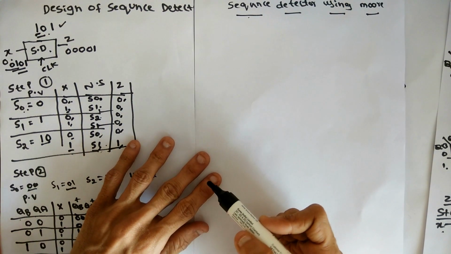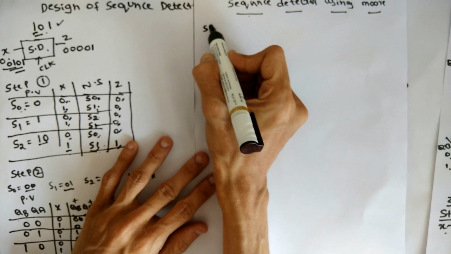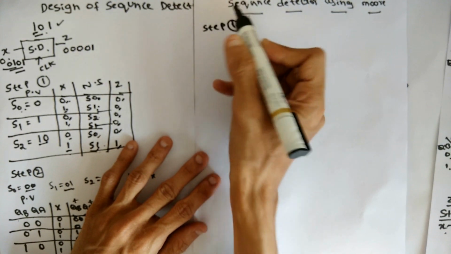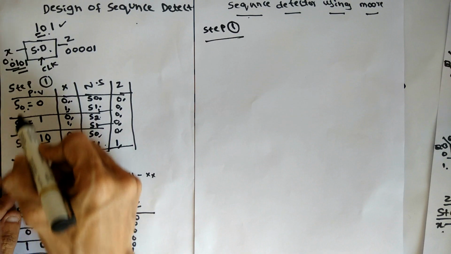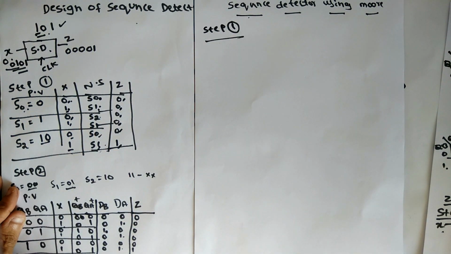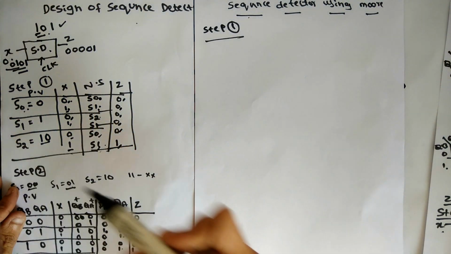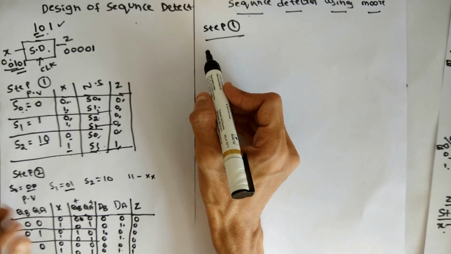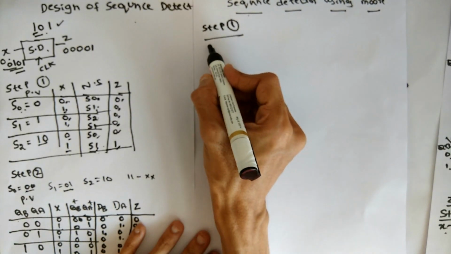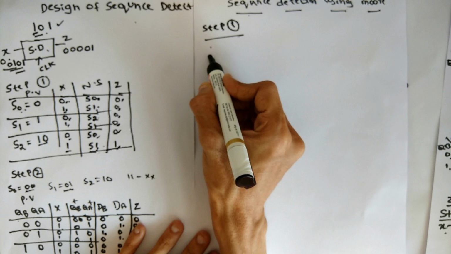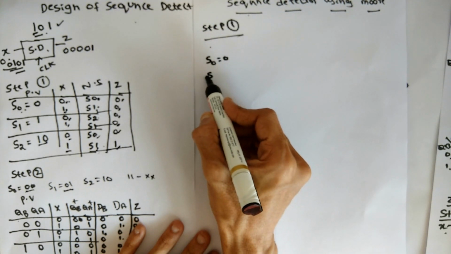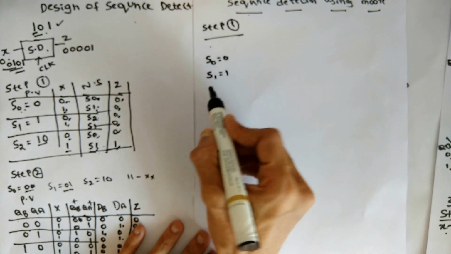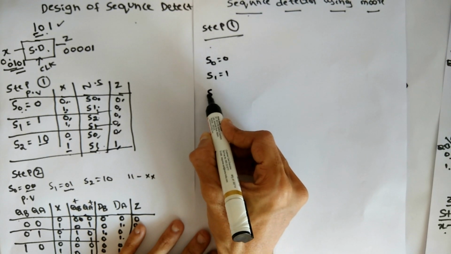The thing is, there are small changes in step 1. In Mealy we took S0, S1, S2, a total of 3 states. Instead of 3 states, in Moore we take 4 states. How do we take 4 states? As usual, S0 is 0 only, S1 is 1, and S2 is 1 0.